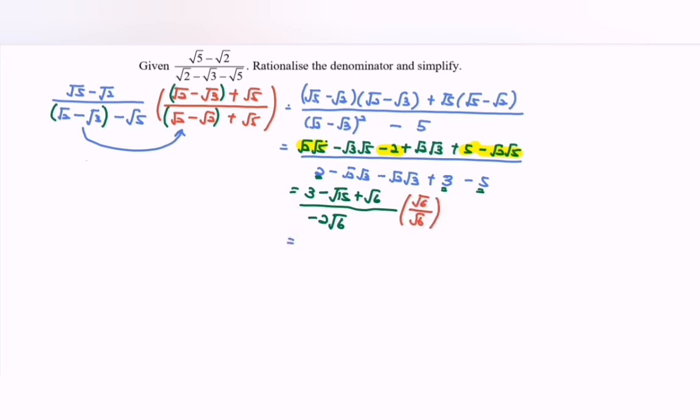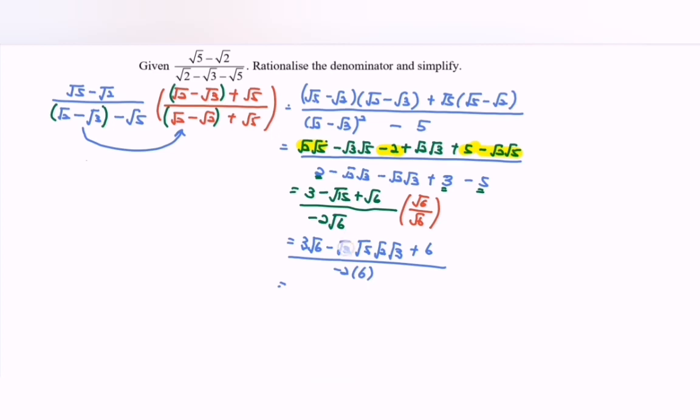So rewrite the situation. 3 square root of 6 minus the square root of 3 square root of 5 square root of 5, and then the square root of 2 square root of 3 for the 6, and then plus the 6 over negative 2 multiplied with the 6. Rewrite the situation.